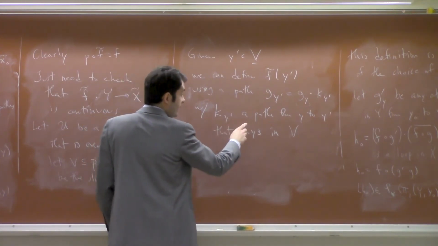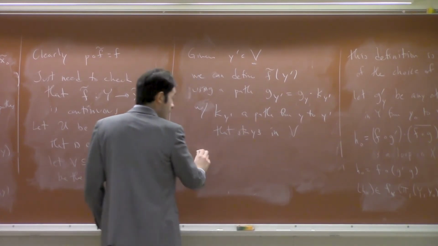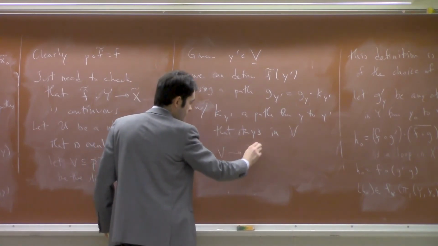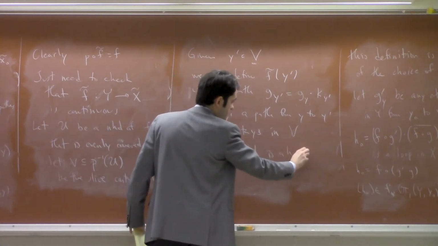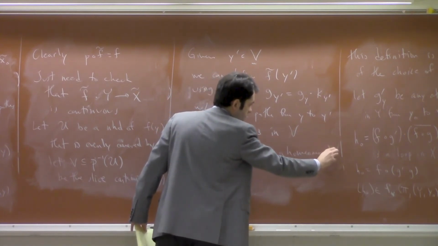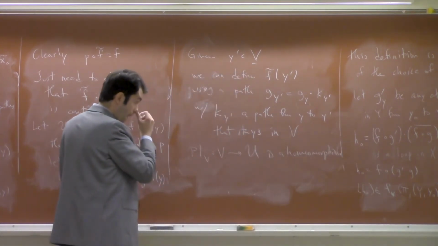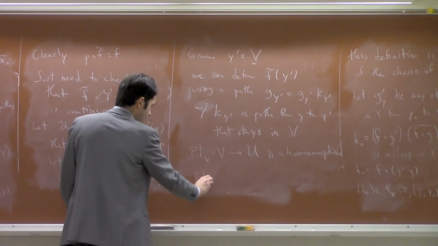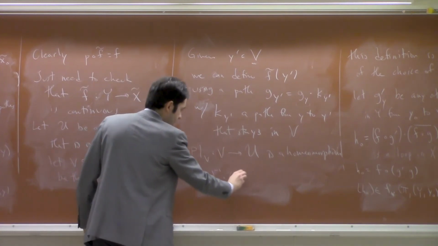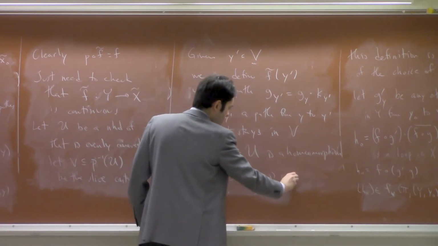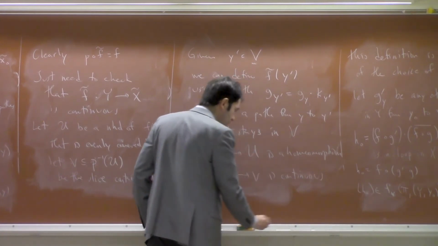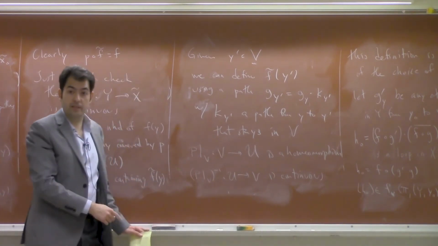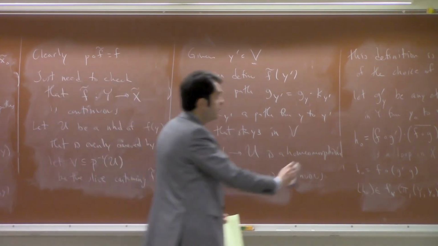Excellent. But the lift in V is really easy because the restriction of P to V is a homeomorphism. So we have an inverse map which is continuous. So if you want to lift a path from U to V, you just compose it with this inverse map.